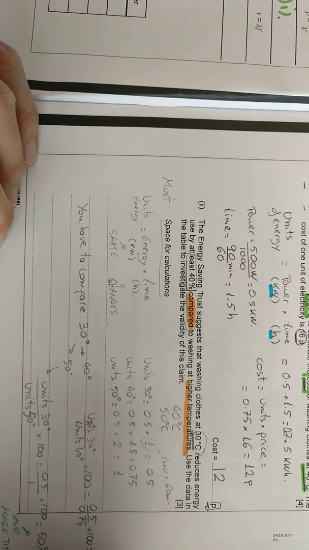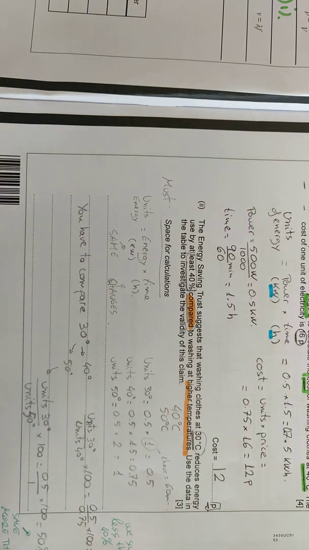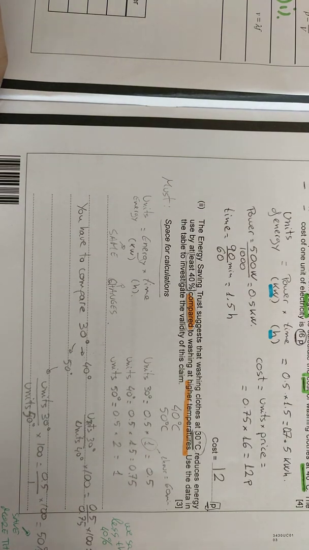However, here we save less than 40%, because we have used 67% and we need to reach that 40%. And you will need to write a sentence explaining why we are not saving at least 40%.